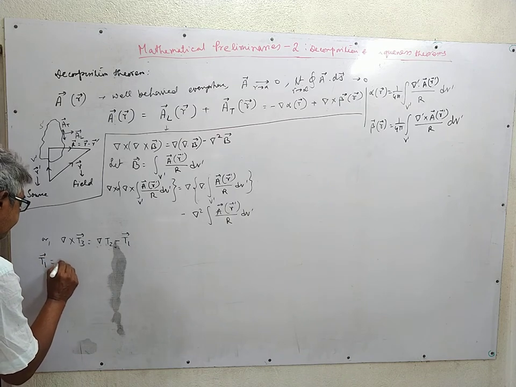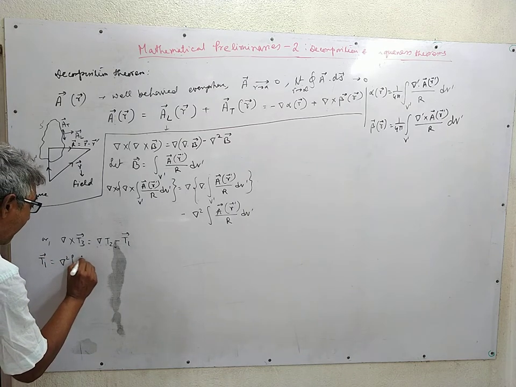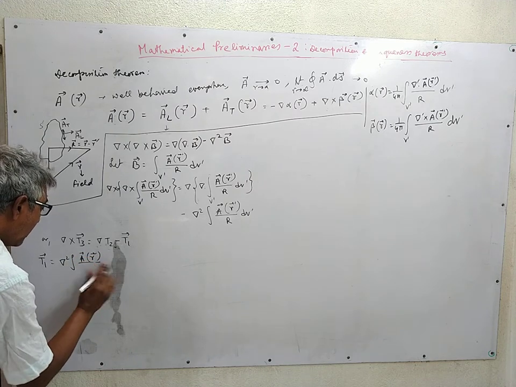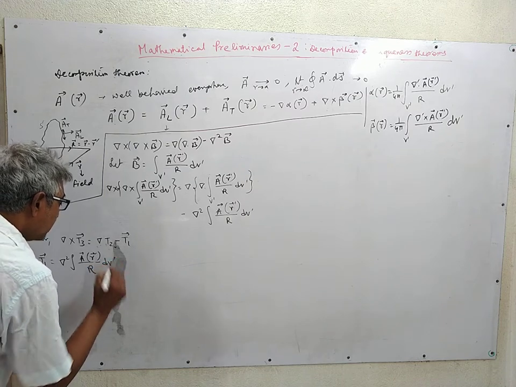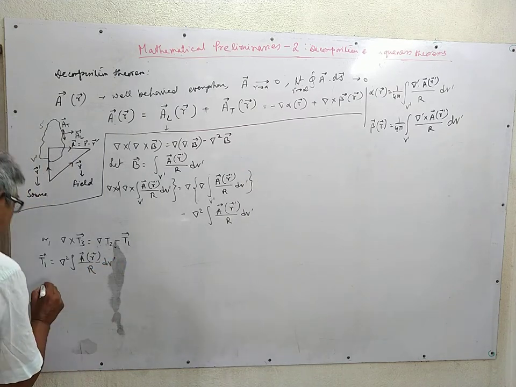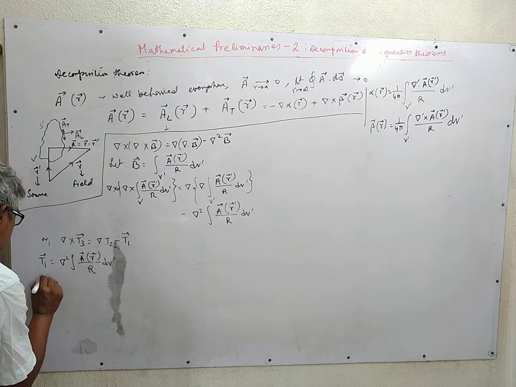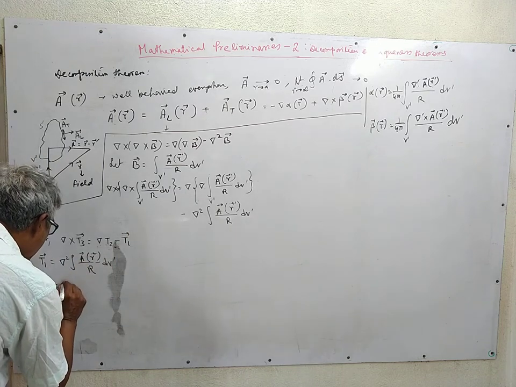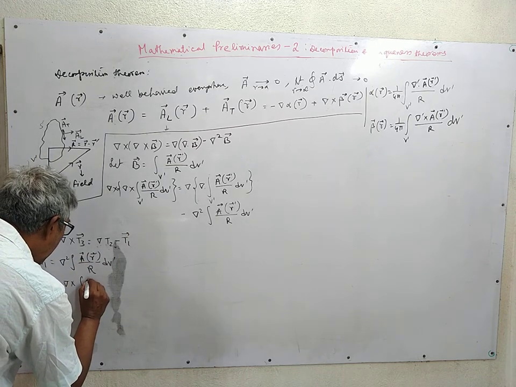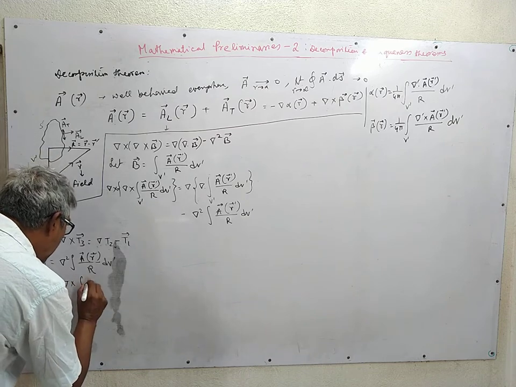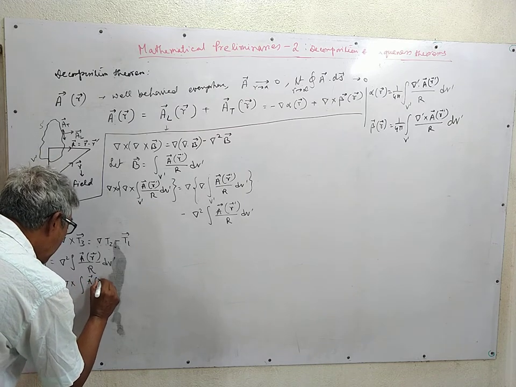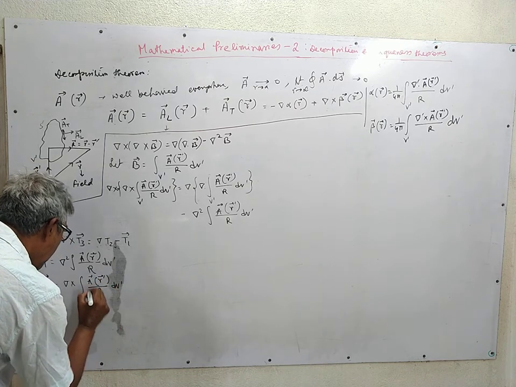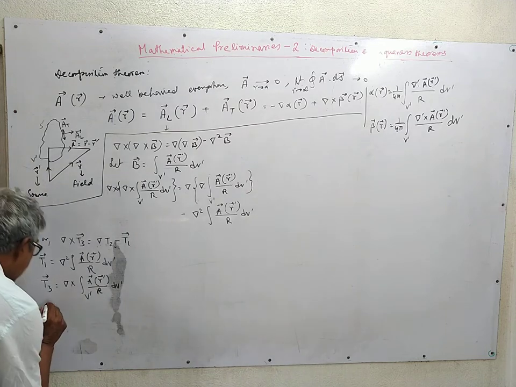T3 is another vector, T3 is this part. And T2 is a scalar.